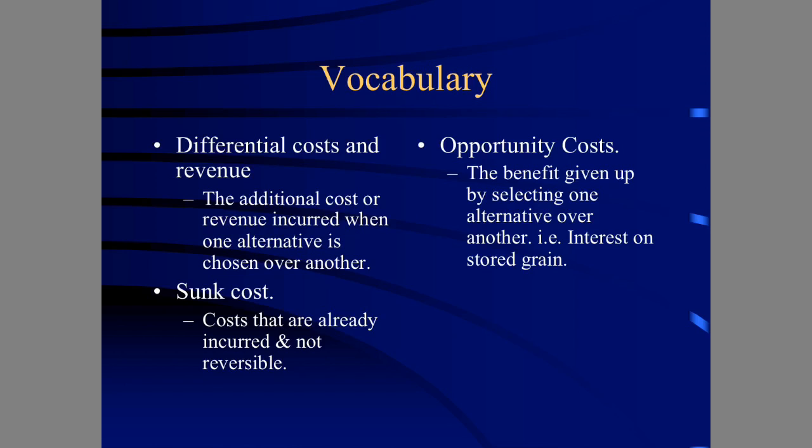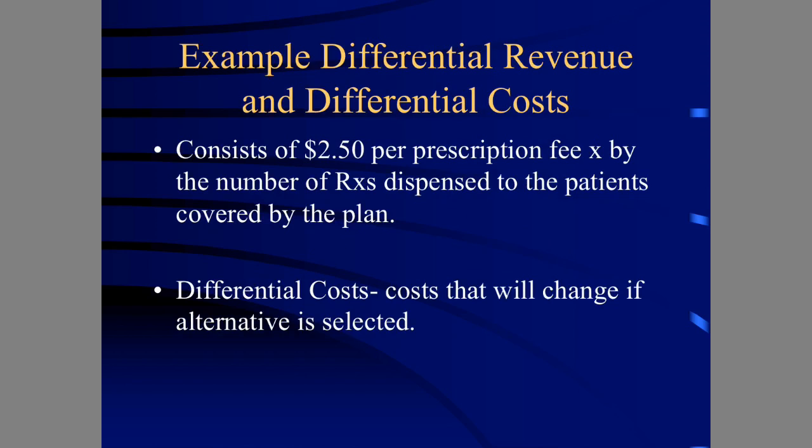Well, my sunk cost is I've already paid to be in this group purchasing organization, and is it worth staying? That's something you have to consider also when you're switching PSAOs, because there are costs associated with being a PSAO or getting out of a PSAO.